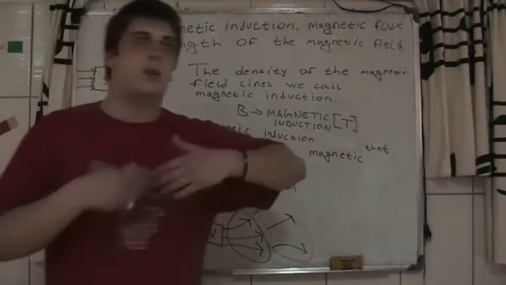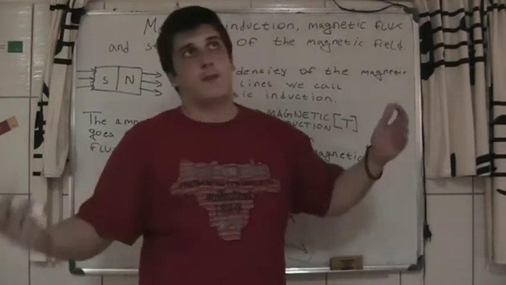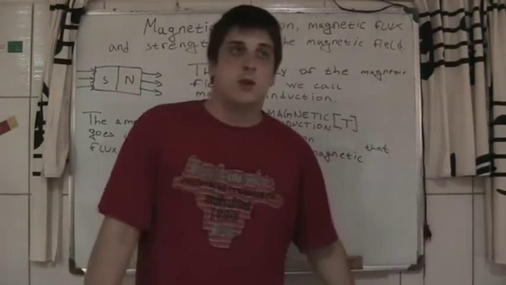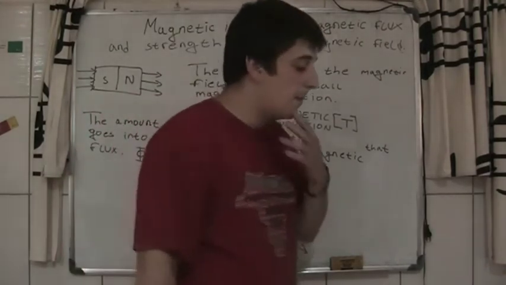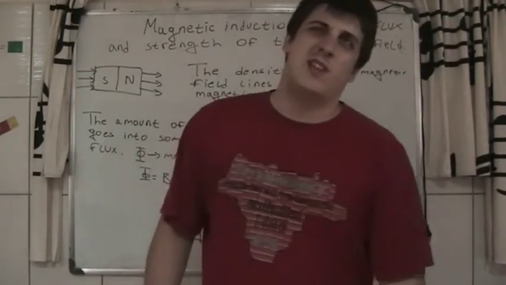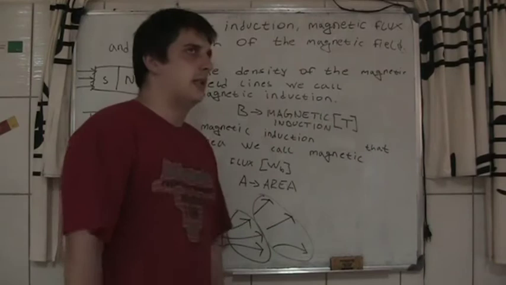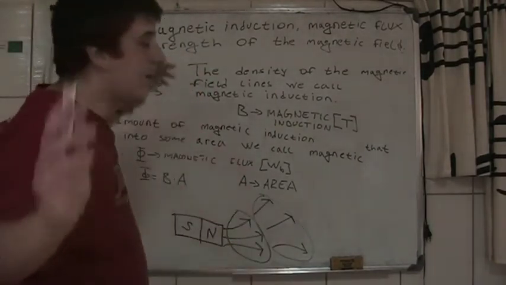1 Tesla is a huge value in magnetism, so usually we calculate the magnetic induction in Gausses. 10 to the minus 4 Teslas is 1 Gauss, I think. But it doesn't really matter.